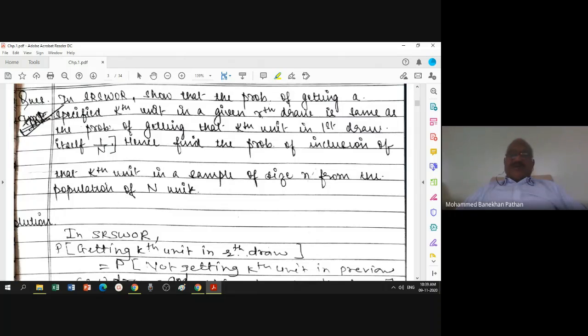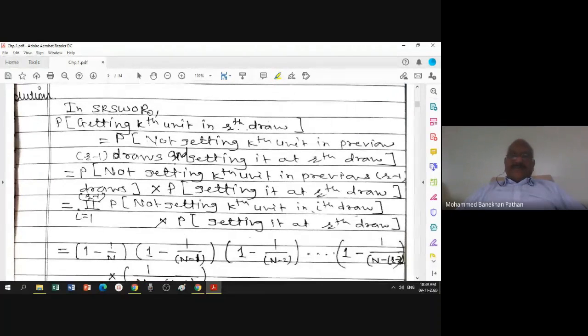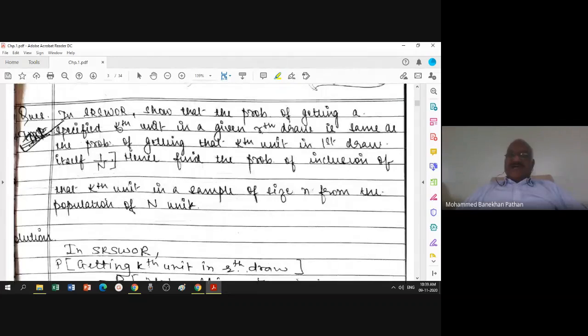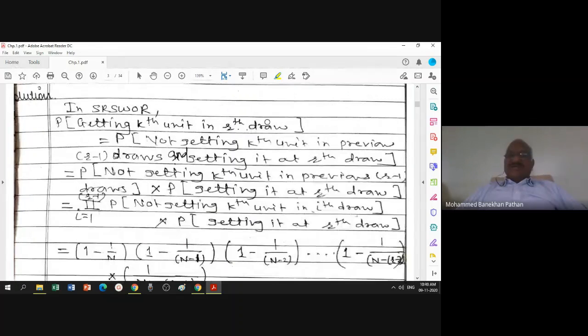In SRSWOR, we want the probability of getting the kth unit in the rth draw. This is the question asked: selecting the kth unit in the rth draw. What is the meaning of this?